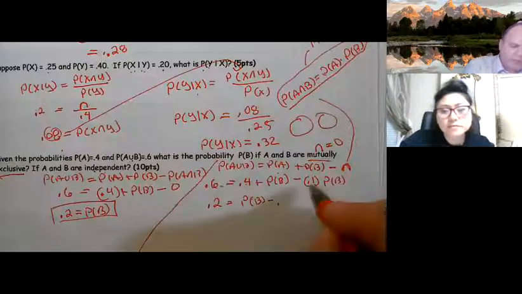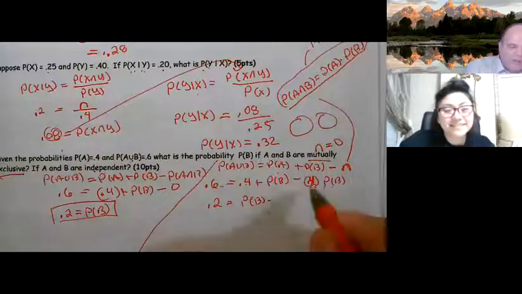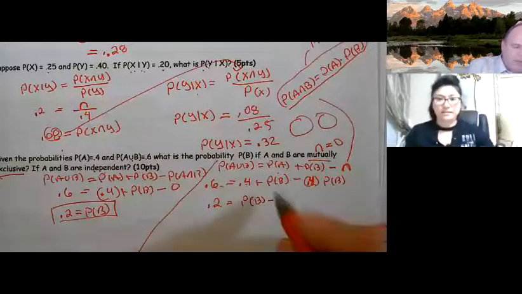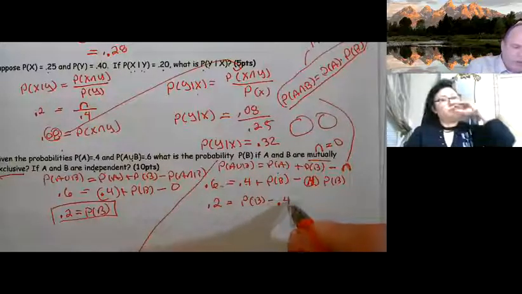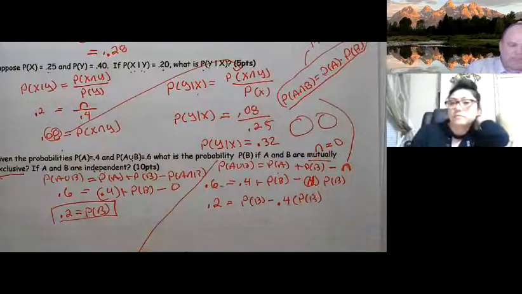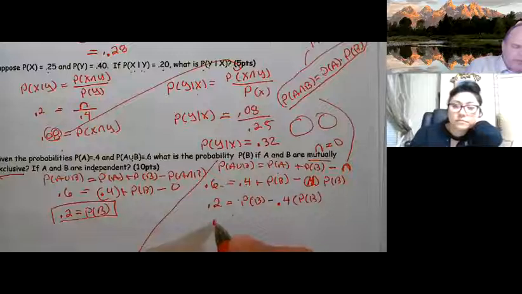Oh, excuse me, that's not a 0.1, this is a 0.4. Excuse me about that. So this is a 0.4 because this is A minus 0.4 times the probability of B. If I remember correctly, I'm going to simplify this up just a little bit.